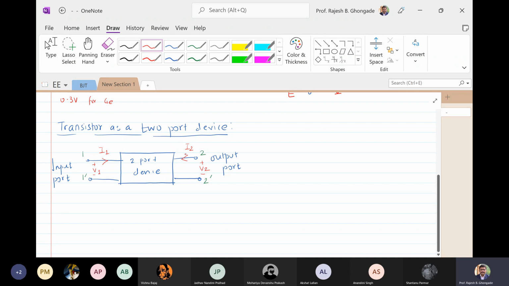That is, I will establish it as minus I2. Are you able to understand this, guys? Yes, sir. So you should not have any confusion as far as the direction of the current is concerned. We will assume the direction to be like this only, and if the actual direction of the current flow is out of that port, we'll simply invert that sign.